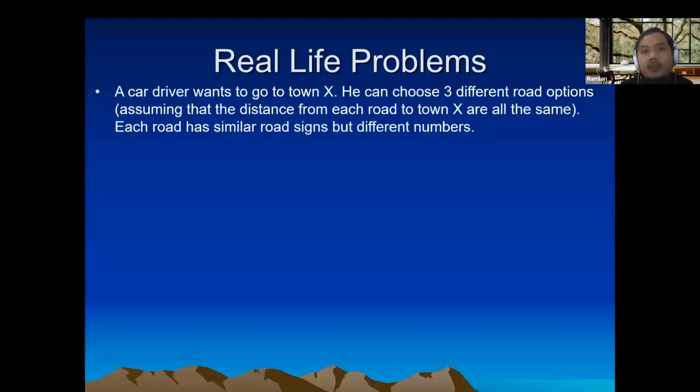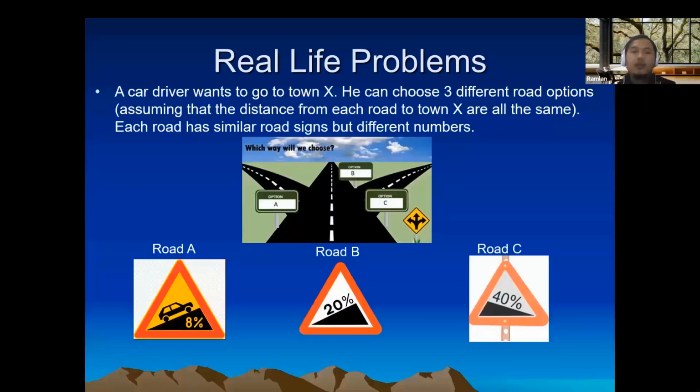Assume that these three different roads have the same distance. Why do you think you will choose road A, B, or C, and what's the reason? But the real question is, what do those numbers mean? What do 8%, 20%, and 40% mean?